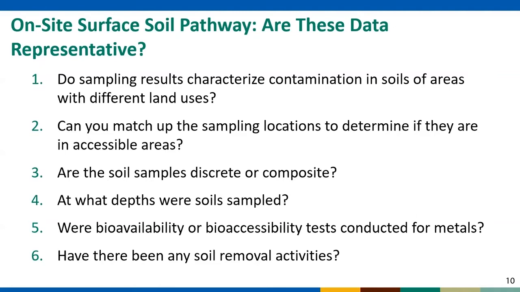Question 5 is, were in vivo bioavailability or in vitro bioaccessibility tests conducted for metals? You should ask if there was any site-specific bioavailability testing for arsenic, because it is an exception to ATSDR's assumption of 100% bioavailability.